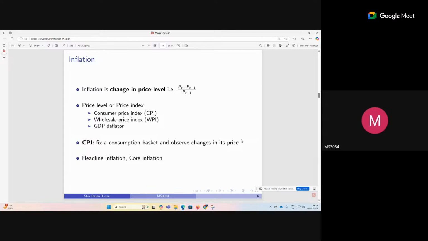So what do we mean by consumer price index? In the case of India, the RBI, or whichever authority is calculating or measuring this price index, fixes a consumption basket. What do we mean by consumption basket? It comprises a fixed set of goods.